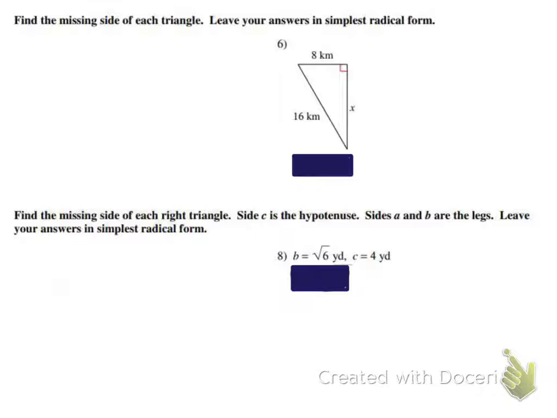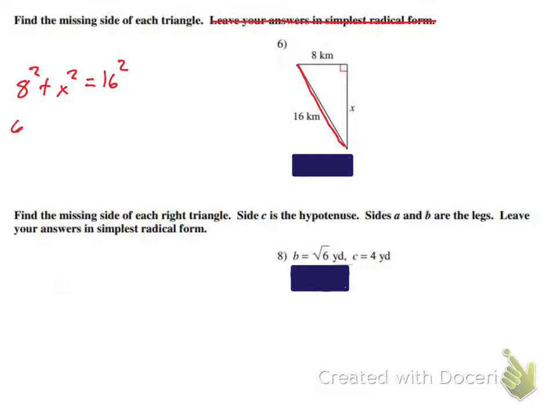All right, so find the missing side of each triangle. So remember, you don't have to leave your answers in simplest radical form. So again, we're doing the same thing here. I know that my hypotenuse, or my C, is 16 millimeters. So I'm doing 8 squared plus x squared is equal to 16 squared.